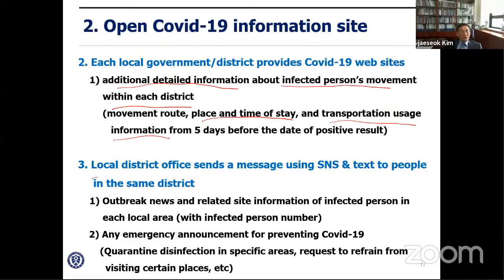And then the local district office sends a text message to people in the same district. So it contains outbreak news and related site information of the infected person in each local area with the infected person number assigned, and any emergency announcement for preventing COVID-19.